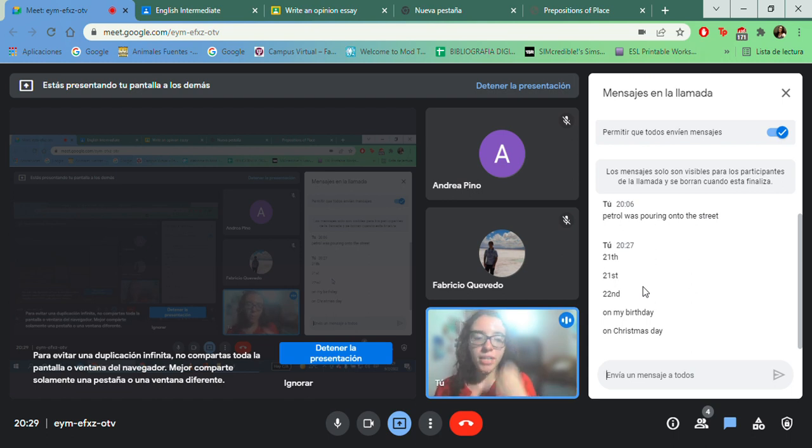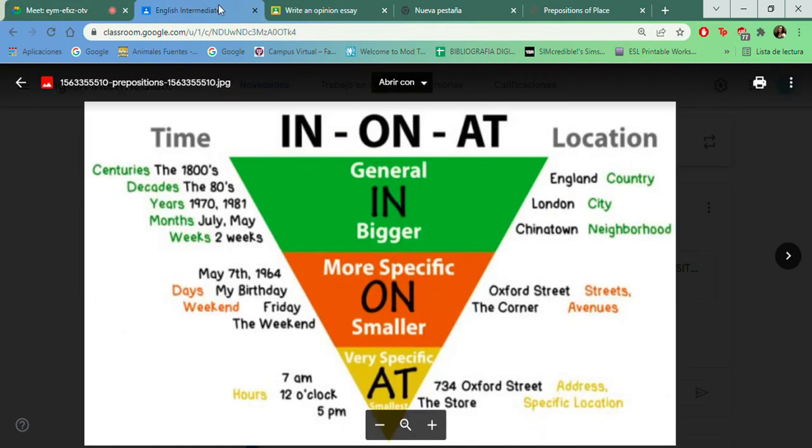But when we are talking about the time, be careful with that. It's not the hour, it's the time. The time we use the preposition at. For example, I have a meeting at half past 8 a.m. I don't know. This is an example only. Good.